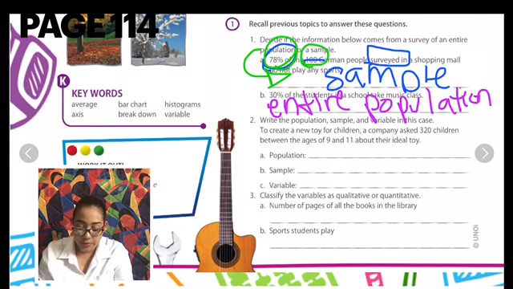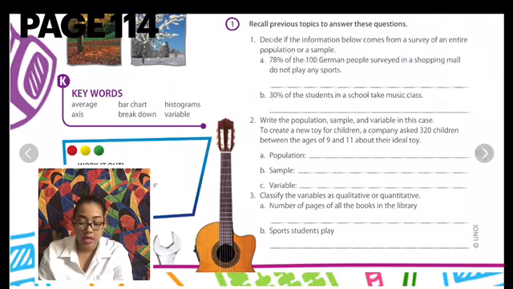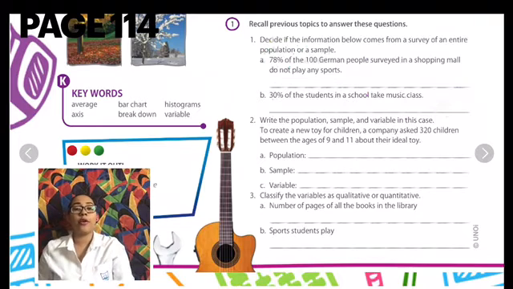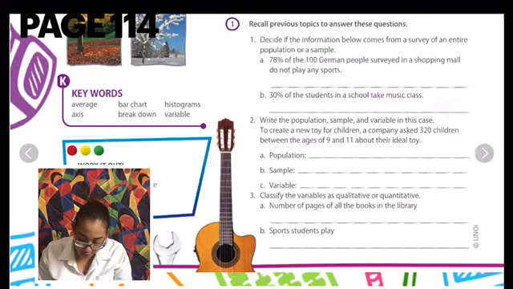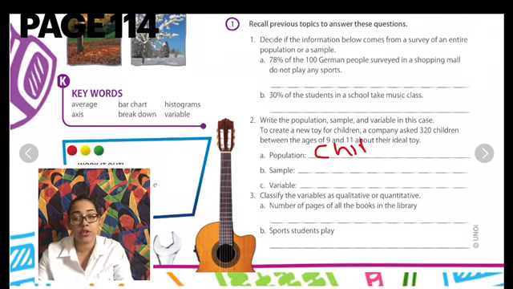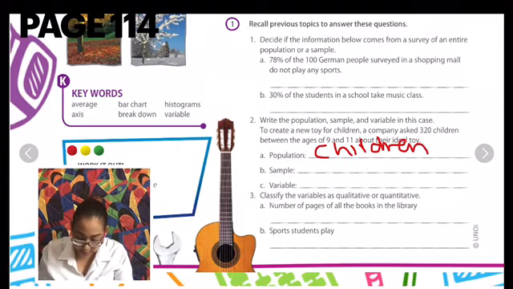Number 2 says write the population, sample, or variable in this case. According to the problem, you have to write down which one is the population, which one is the variable, and which one is the sample. According to my notes, the population are the children, because they're going to ask the children. The sample: which children are they going to ask?